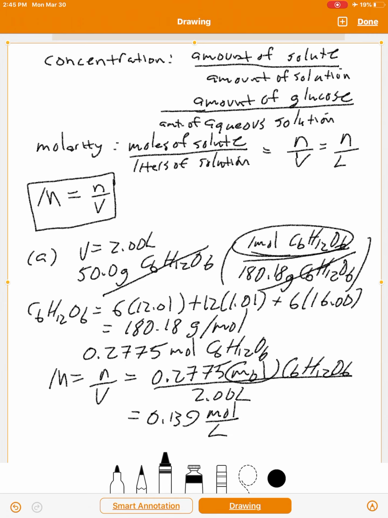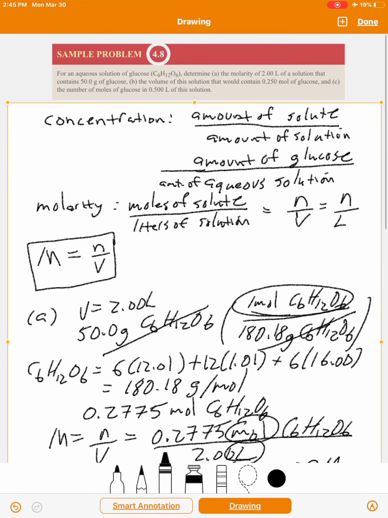What are the units? Moles divided by liters, so moles over liters. Sometimes it's written with just a capital M, meaning molarity or moles per liter. So there's part A, which is find the molarity of a solution that has 50 grams of glucose in 2 liters of solution. That's a measure of the concentration.